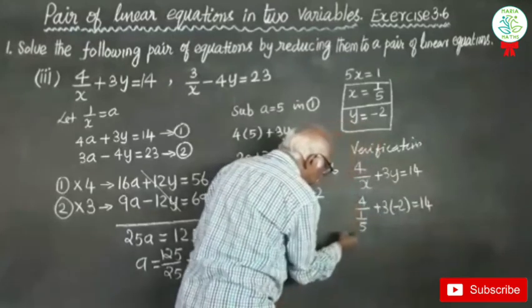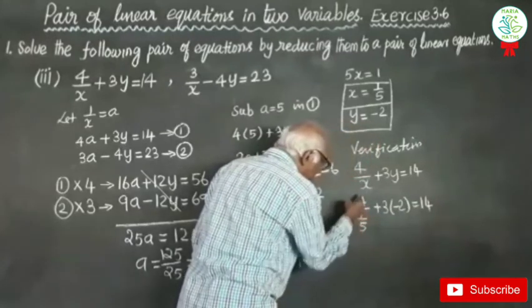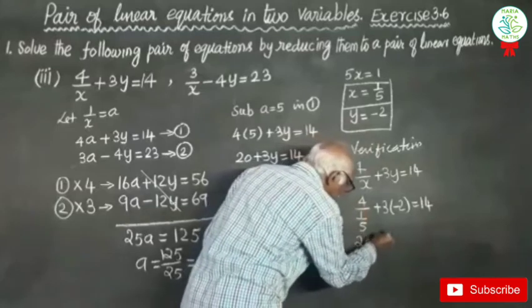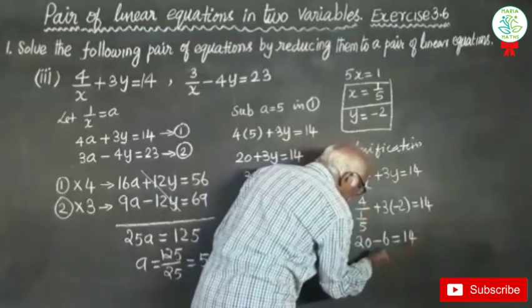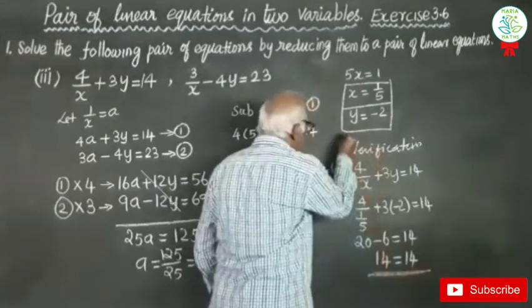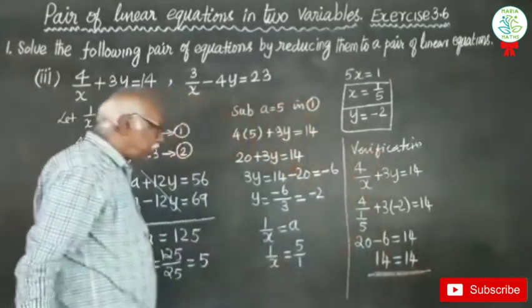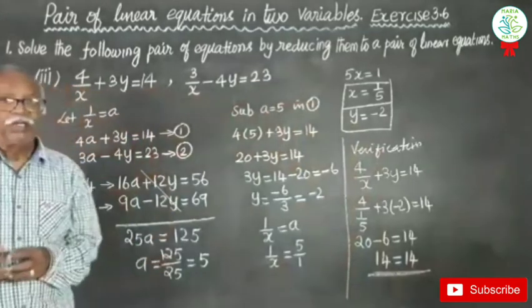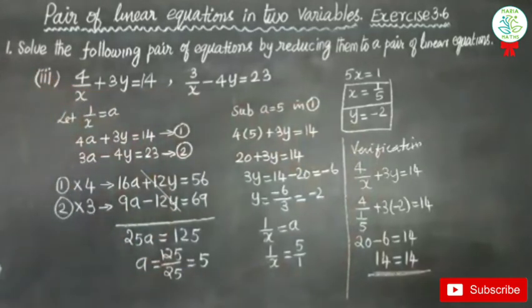Because 5 multiplied, the 5 will go to the numerator. 20 minus 6 equal to 14. 14 equal to 14. So our answer is correct. x is equal to 1 by 5, y is equal to minus 2 is the answer.